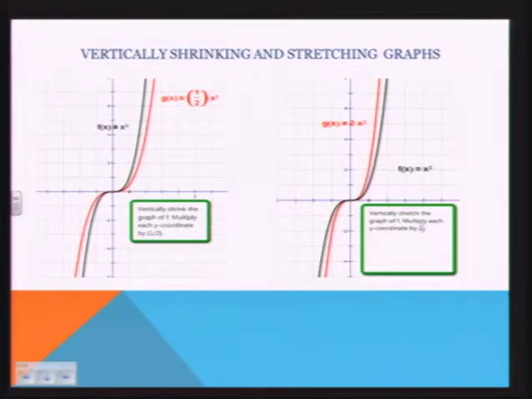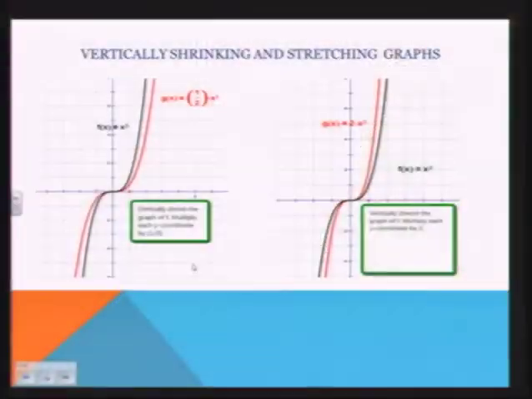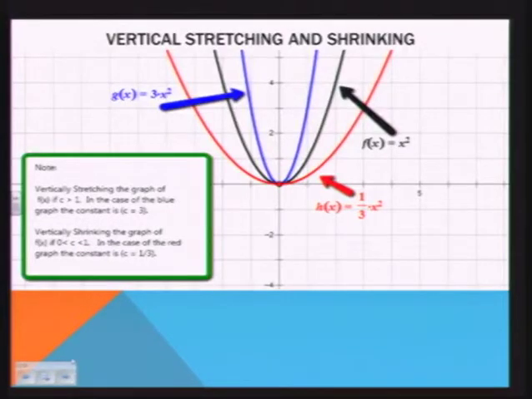But there are certain rules that you must take note of when you are determining if it's going to be a vertical shrink or stretch, being particular with the actual constant that you will use. So you may be asking, what made me decide to use 1/2 or 2? Well, there are restrictions in this case.